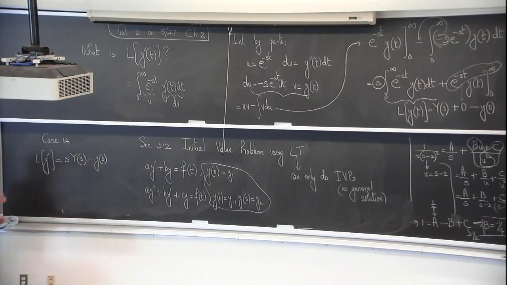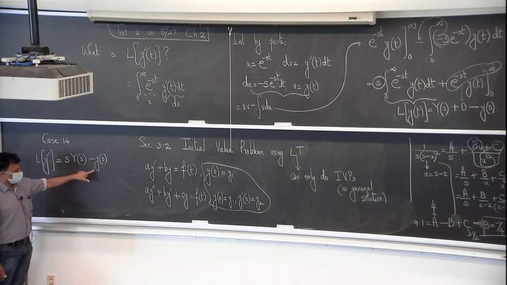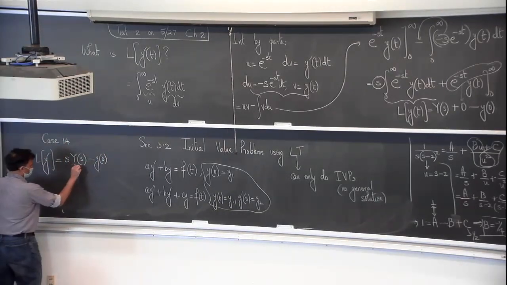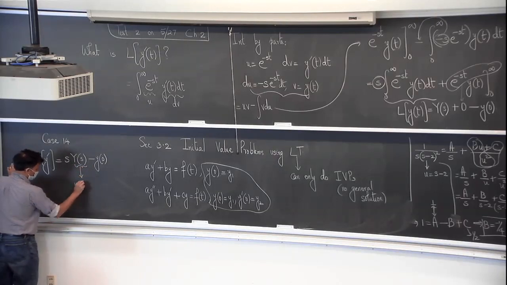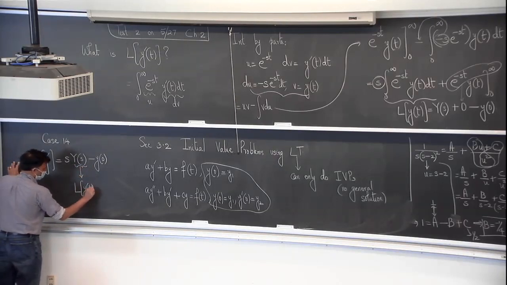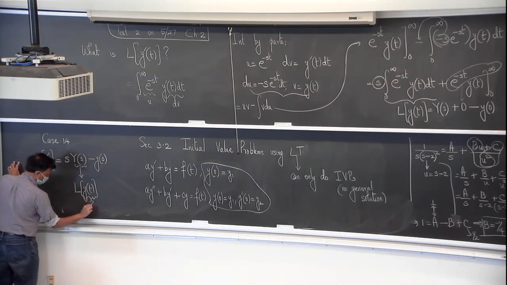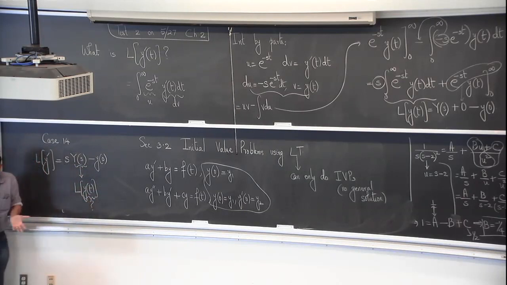You don't have to memorize it. Every time you do the problem, please just copy it correctly from the table. A lot of times students rely on their memory and then they miss this term or put a plus there. S times Y of s minus y of 0. Again, this part here is just the Laplace transform of little y of t, and our objective is to find y of t. That is what the whole problem is about. So you shouldn't be looking for this in the table.